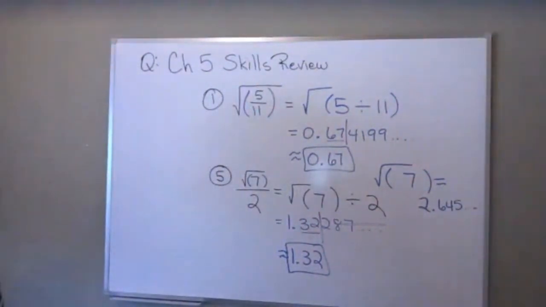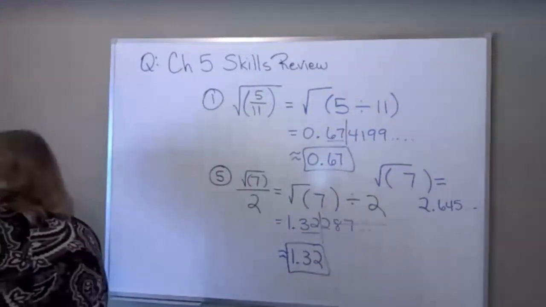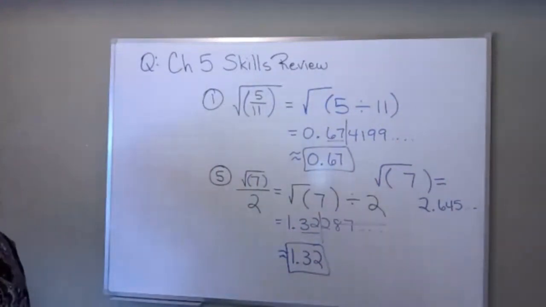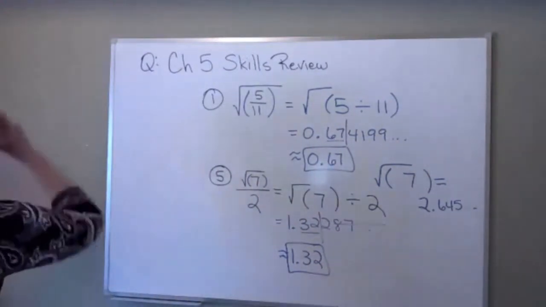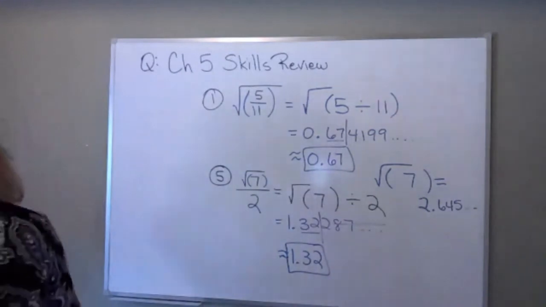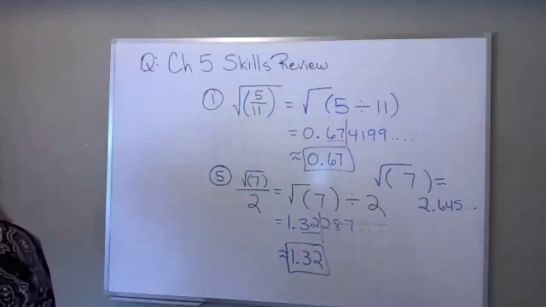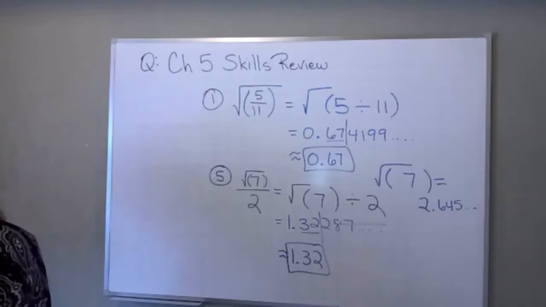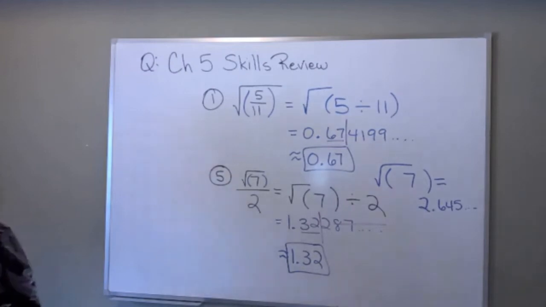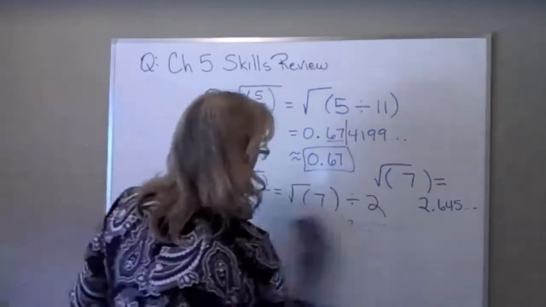Okay. I hope the rest of you have been going through and doing some more problems here. Really, these kinds of calculations don't come up until the end of the chapter.